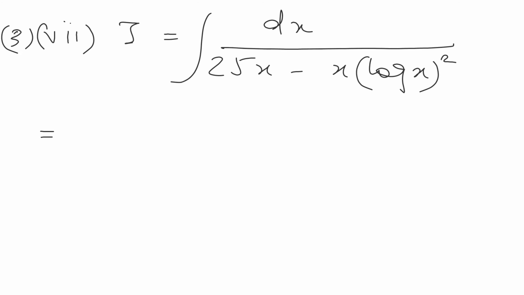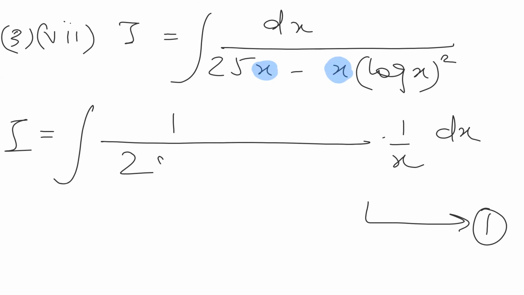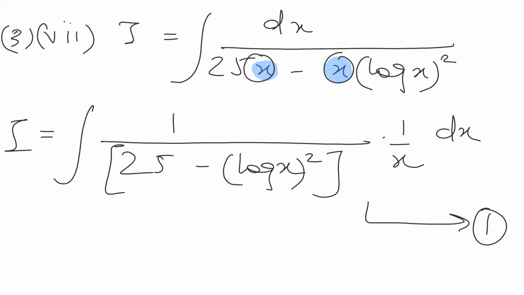So take x common and put it towards the end because there is a log term. So 25 minus log x the whole square, and this x I've taken out as 1 upon x as a common term.